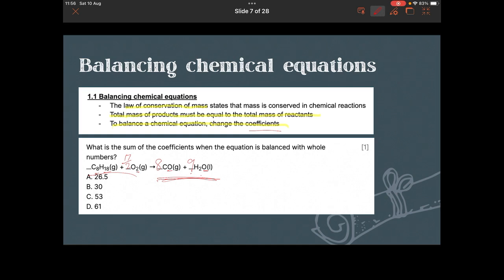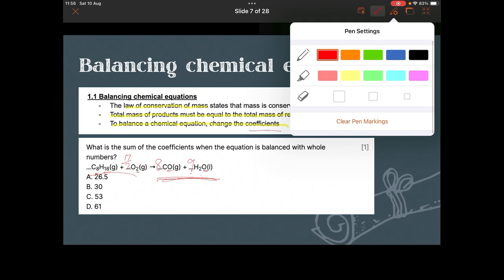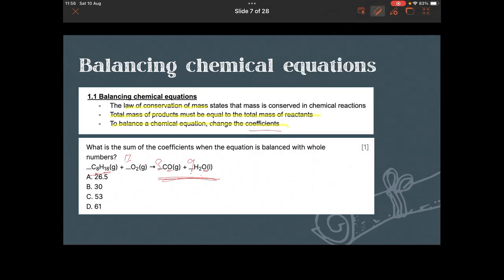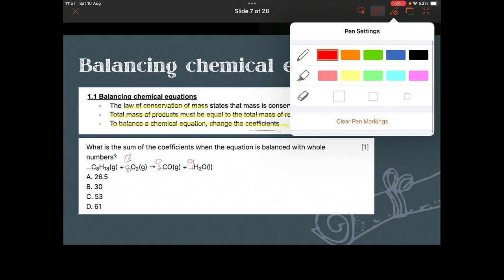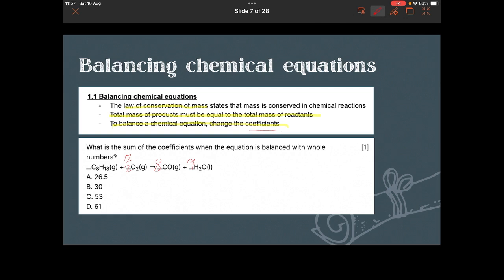But we usually do not have decimal numbers as the coefficient when we're balancing equations. So what we can do instead is multiply everything in this equation by 2.